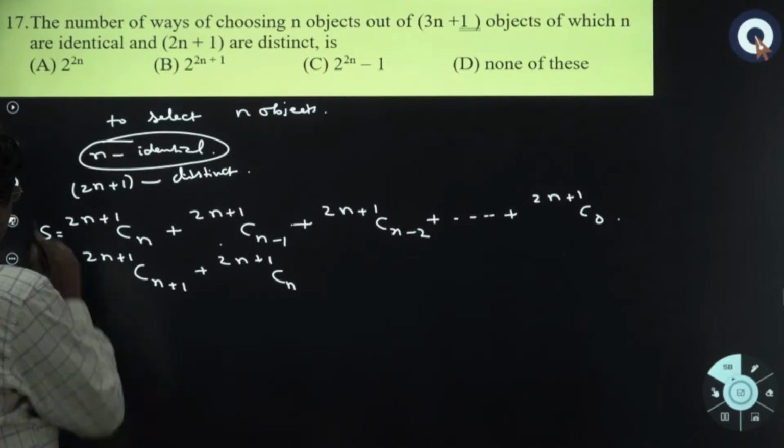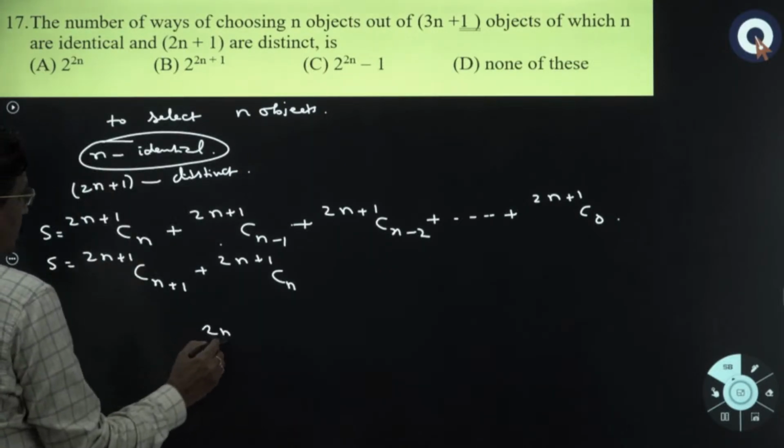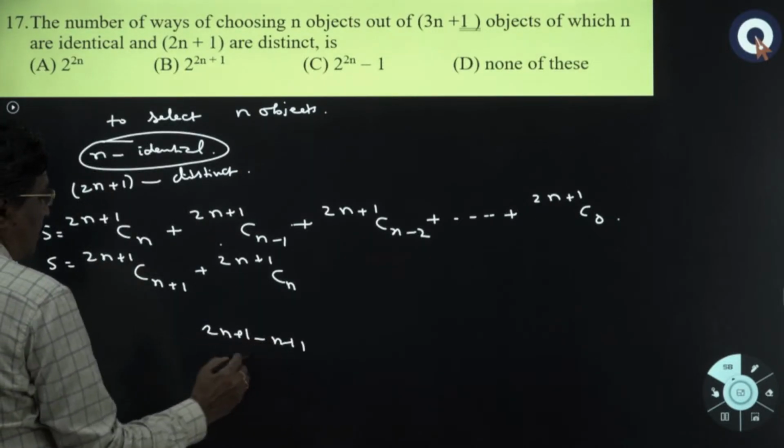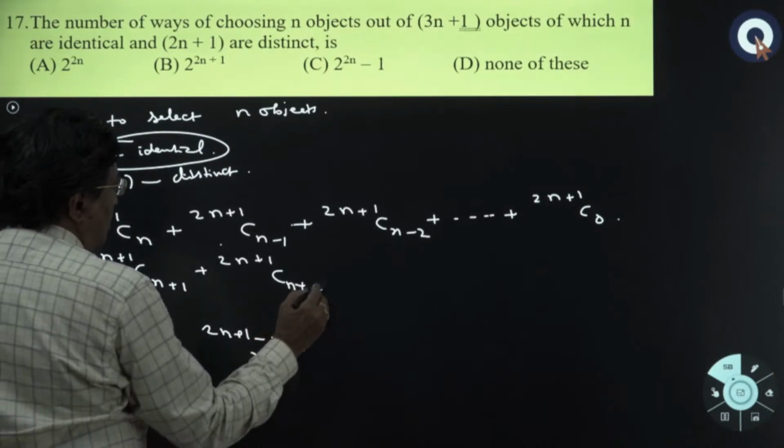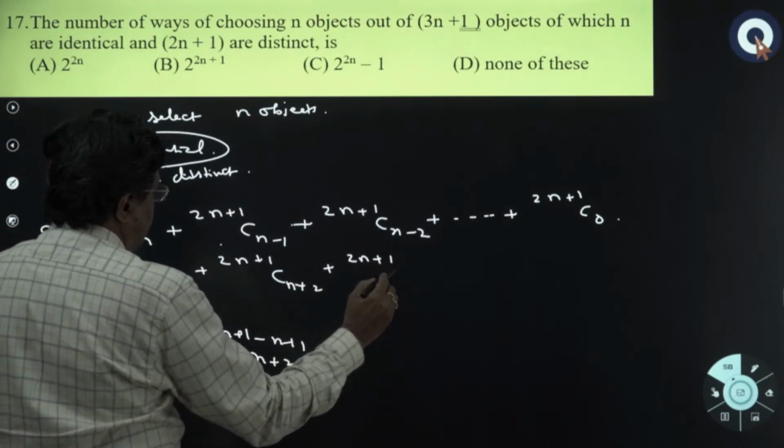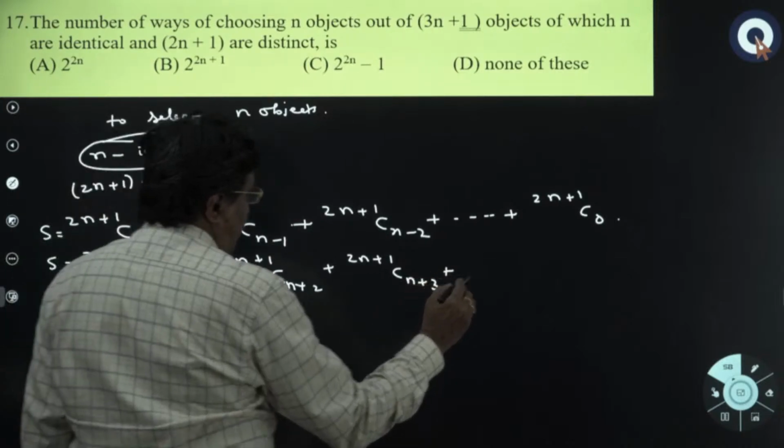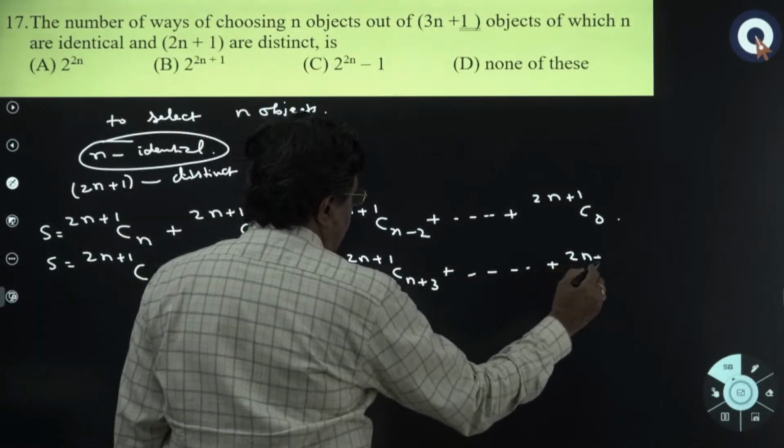So that becomes 2n plus 1 C n plus 1 plus 2n plus 1 C n plus 2 plus 2n plus 1 C n plus 3 and so on, plus 2n plus 1 C 2n plus 1.